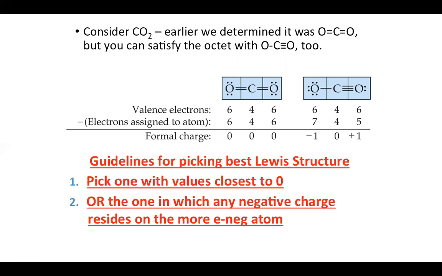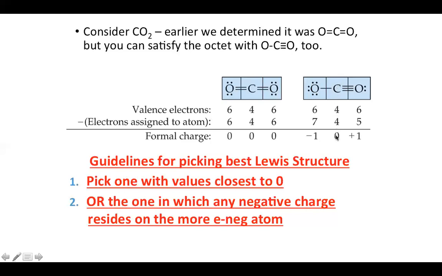However, if we look at the structure on the right, for the left oxygen we would get a formal charge of -1. Because oxygen has 6 valence electrons, but right now in this picture, there's 2, 4, 6, 7 electrons being assigned to it. So that gives us a formal charge of -1.